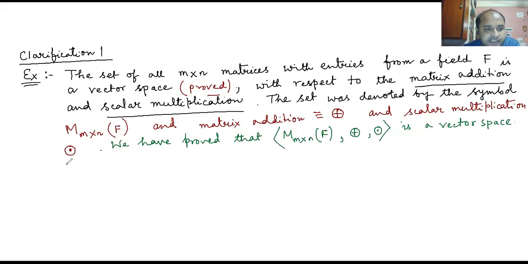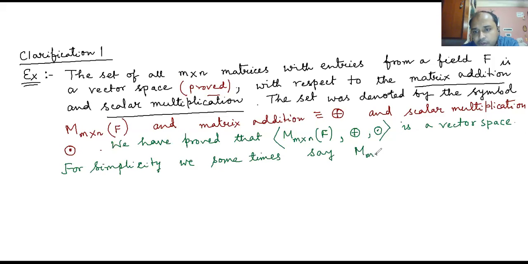Or for simplicity, we sometimes say M m cross n F is a vector space.